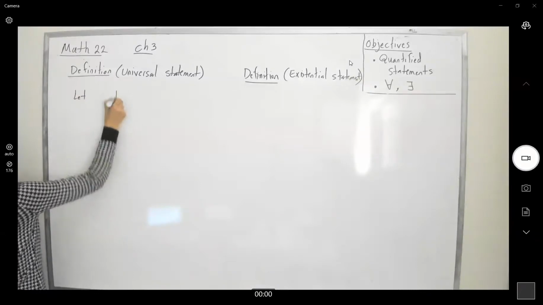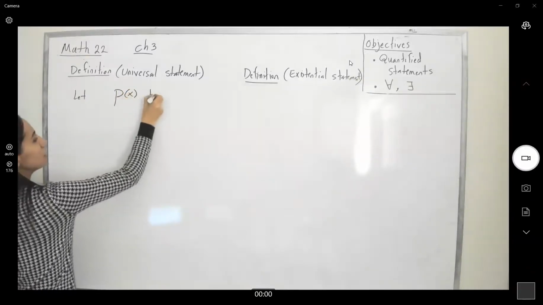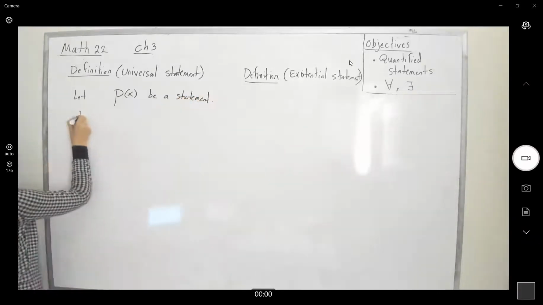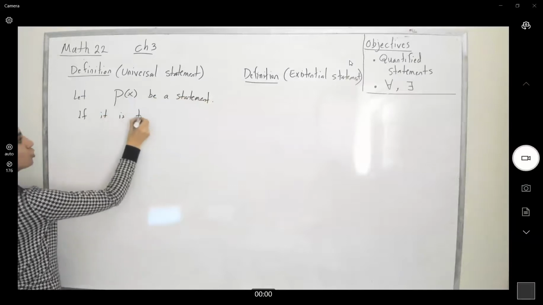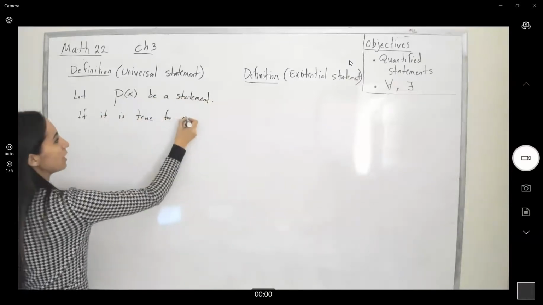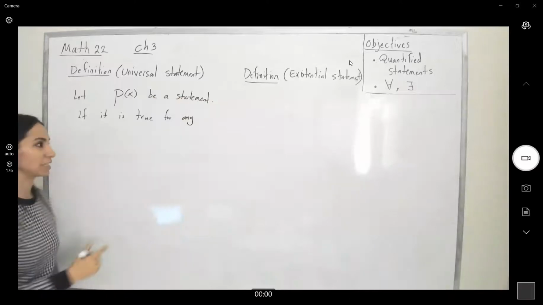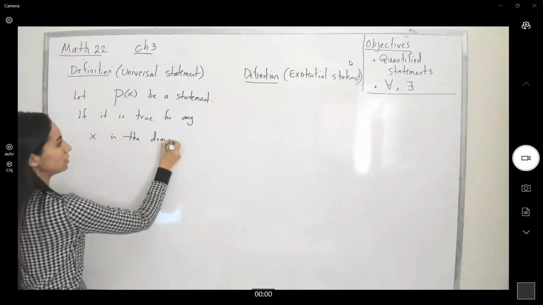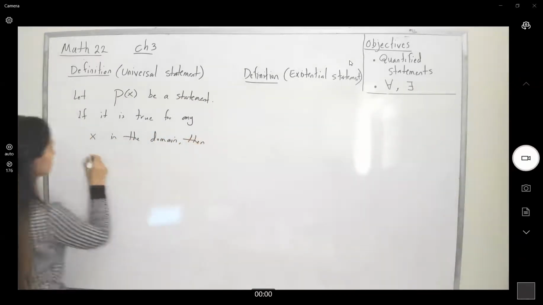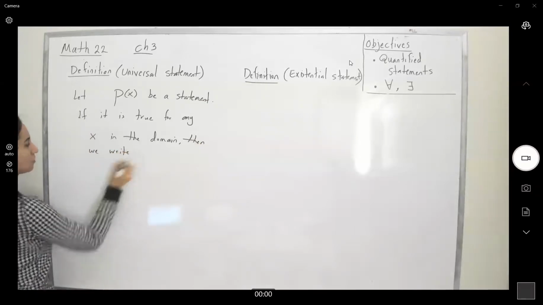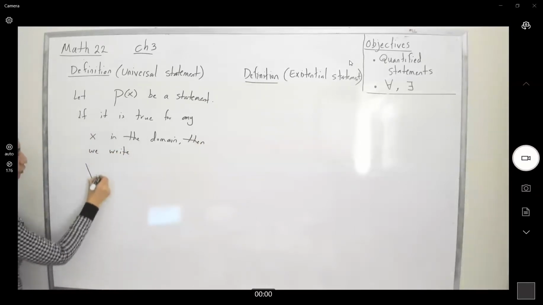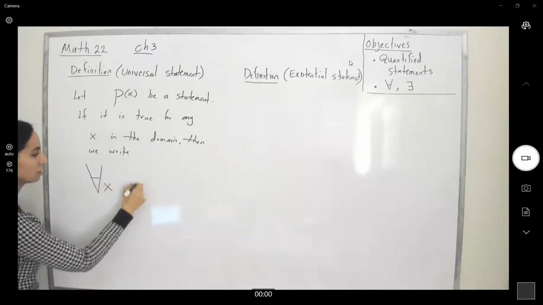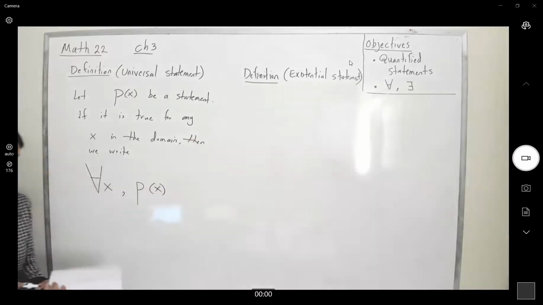Let P of x be a statement. If it is true for every x in the domain, then we write for all x, comma, P of x.